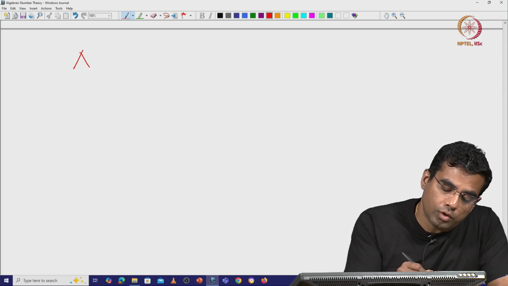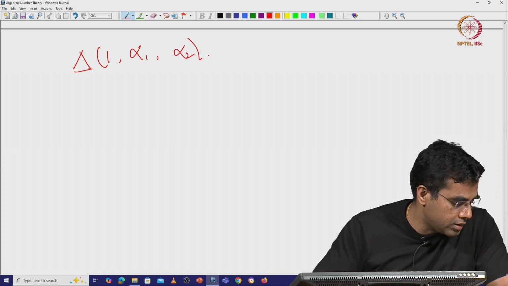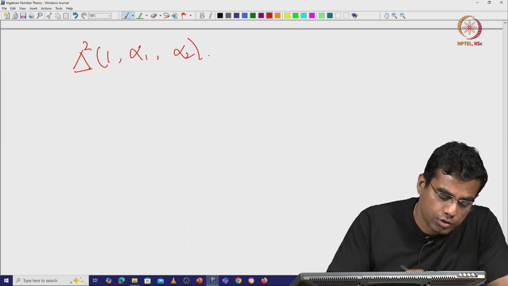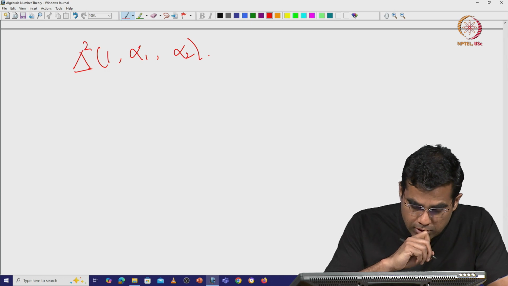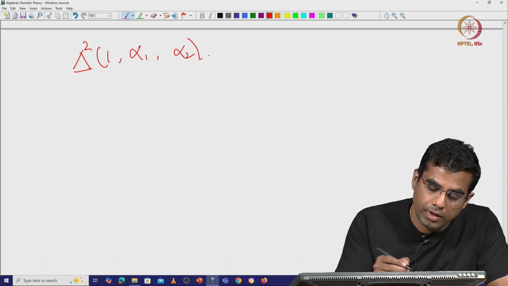So we can look at what delta of 1, alpha 1, alpha 2 is, or delta squared of this. Let us try to find this.